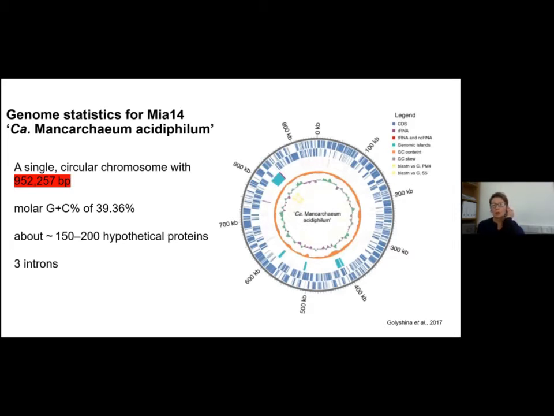We found no genes for many central metabolic processes, like, for example, glycolysis, or the TCA pathway, or synthesis of many amino acids. We also found almost no genes for respiration, and also no genes for the production of vitamins or coenzymes, and so on.